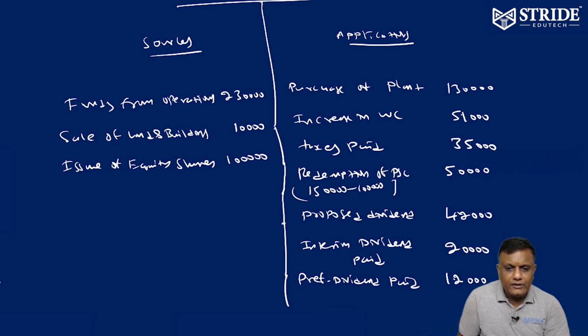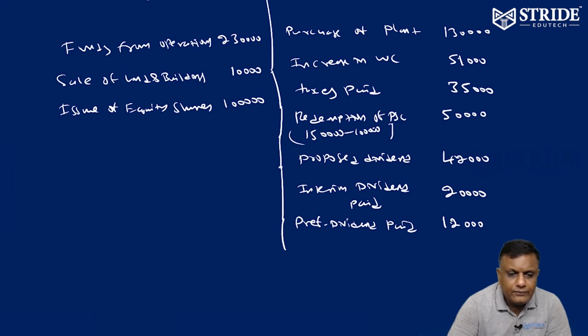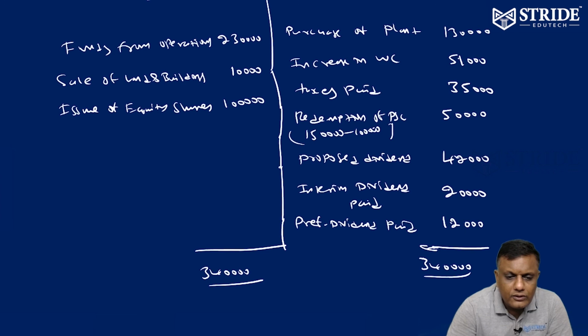So application of funds, this is going to be 12,000. That's it. So I think everything we have posted. Now tally. Total 2,30,000, 2,40,000, 3,40,000. Here also 3,40,000. So source and application of funds, fund flow statement is over.